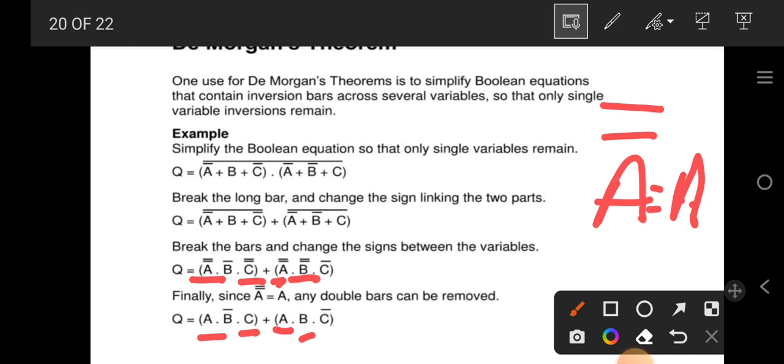Okay, and B is having single bar, so we cannot remove the bar. Just write the B bar as it is. So the final equation we got is A dot B bar dot C plus in bracket A dot B dot C bar. So this is the final solution or simplification of the given example.